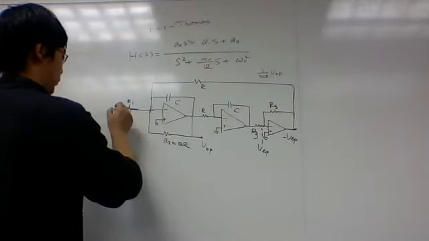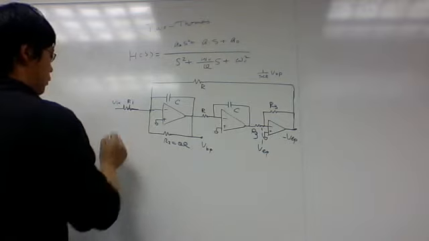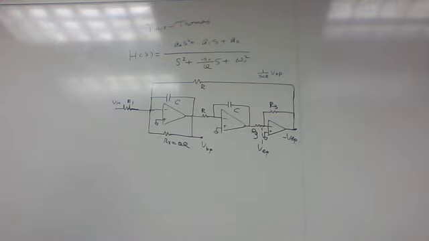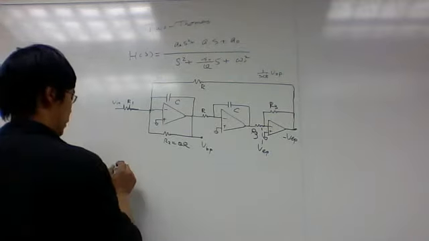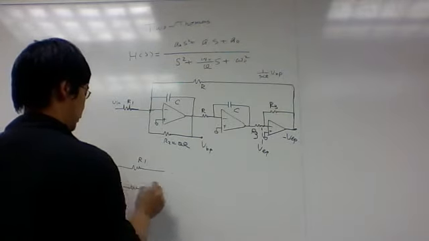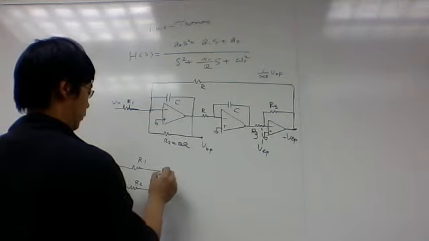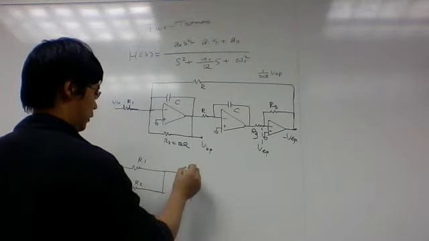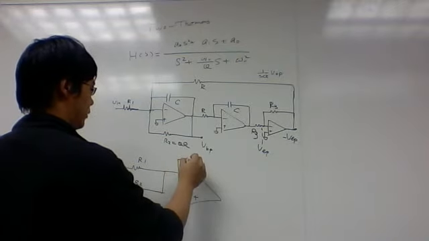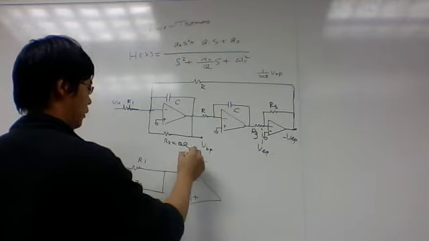So again, if you think of here, basically if this is input, right? So again we can use, basically what you have is an R1 and an R2, and then this is going to the negative terminal and plus terminal, and this one you have a C and you have an R, right?